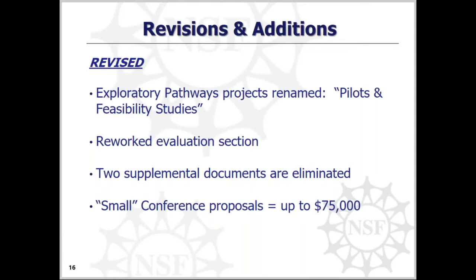In exchange, instead of having 15 pages for the proposal, an ASEL proposal can be up to 18 pages. We also have revised the conference proposals to include a small conference proposal, which will be up to $75,000. I'll speak more about conference proposals in a moment.